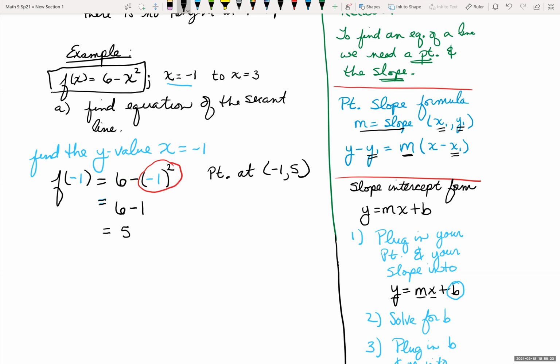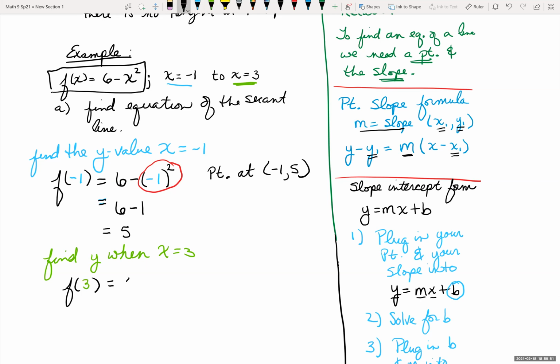Okay, so I have a point, but I also need the slope. And I don't have the slope, but I know I can find the slope because we actually have 2 points. And so let's find y when x is 3. And so we're going to go in and plug in 3 wherever we see an x, an f of x.